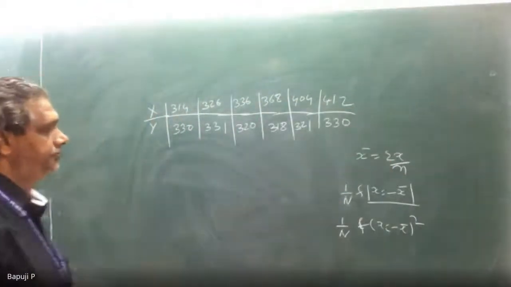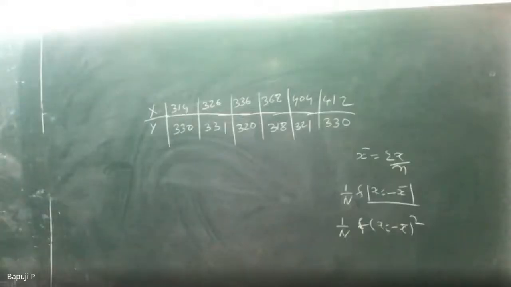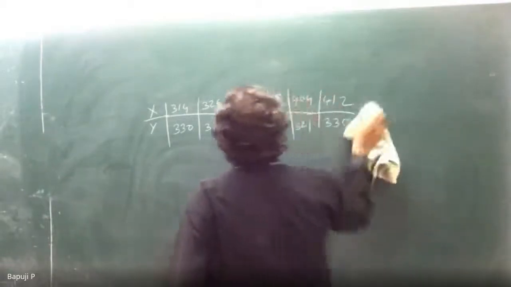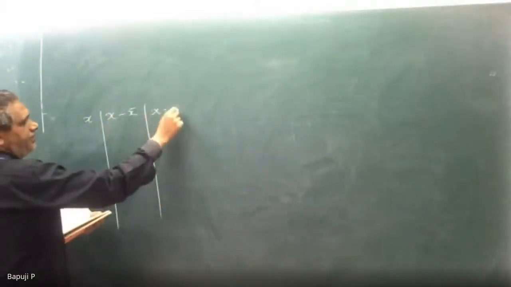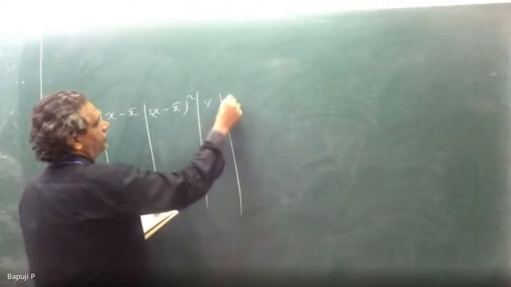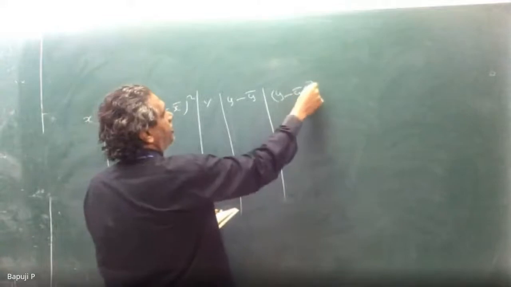Sigma x is equal to 2160. Then you need x minus x bar and x minus x bar whole square, or for the y series, y minus y bar, then y minus y bar whole square.